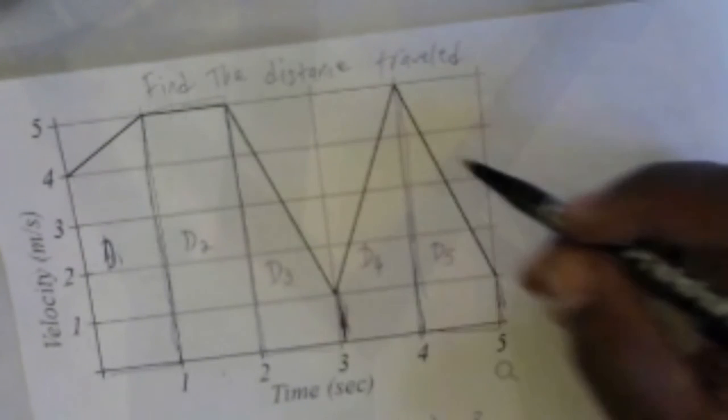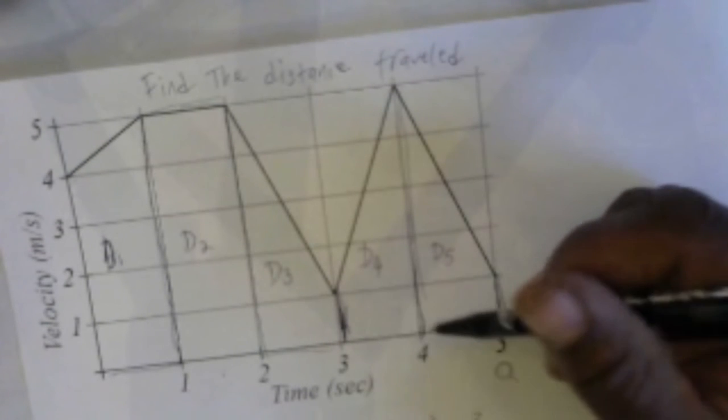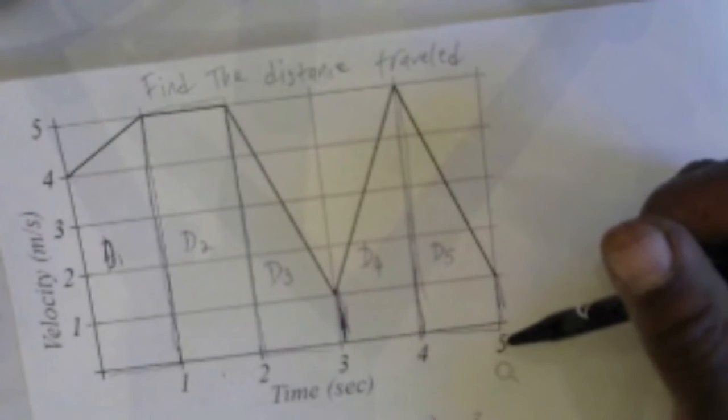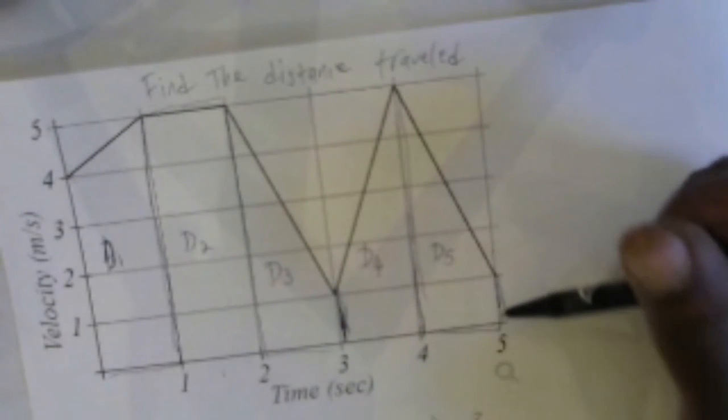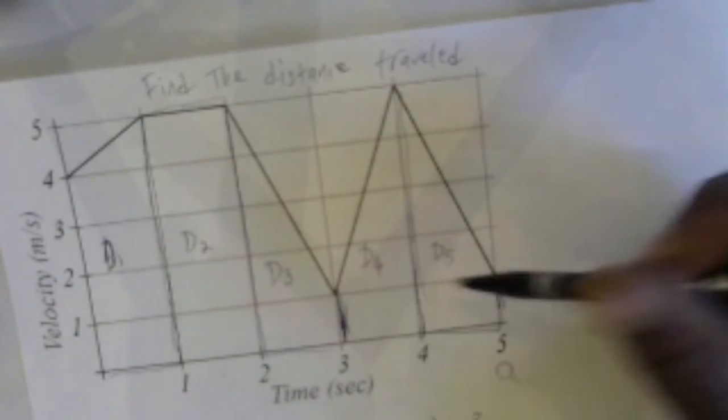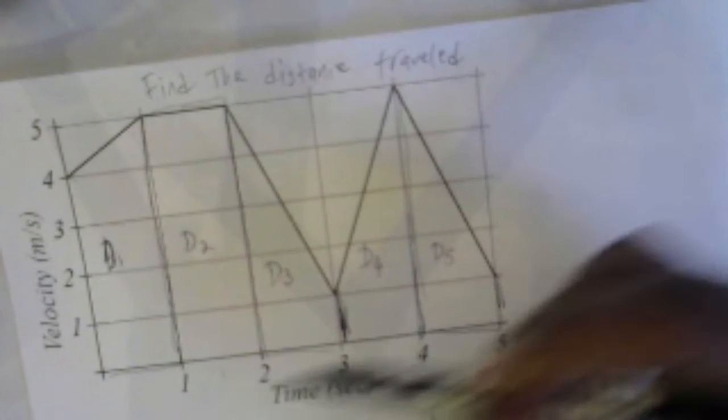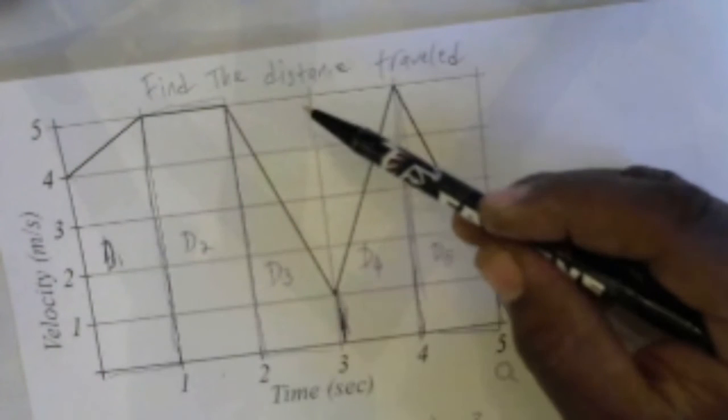Notice that here again, for those distance problems, you're still multiplying width times height, but it's a special width, which is the time, and a special height, which is the velocity, which in essence gives you the distance.